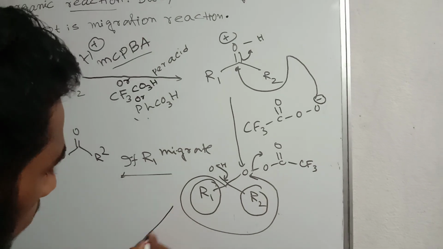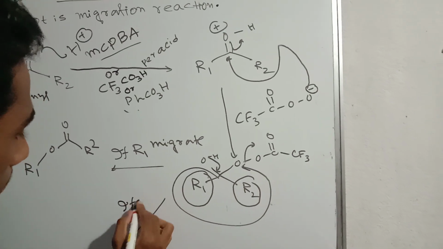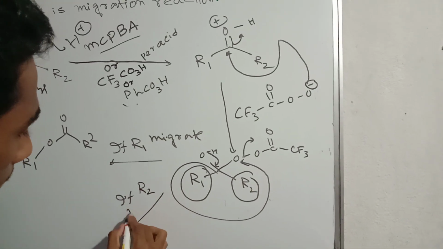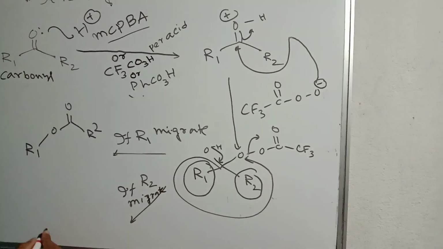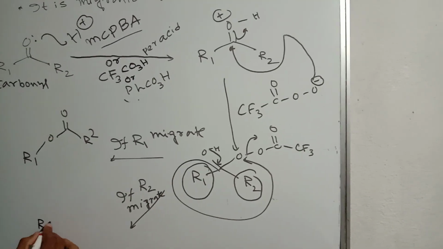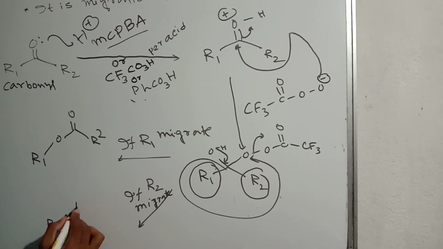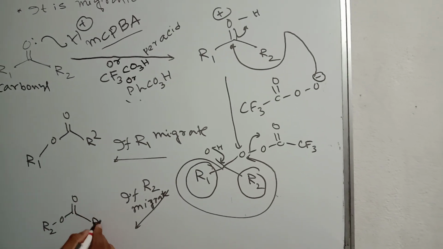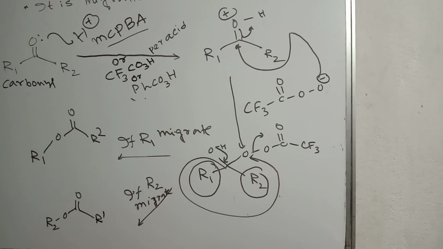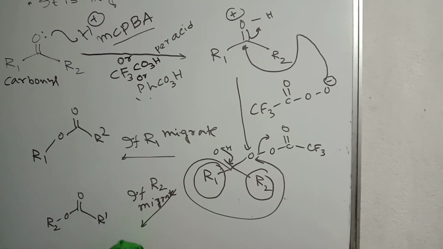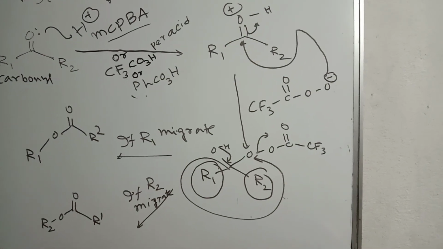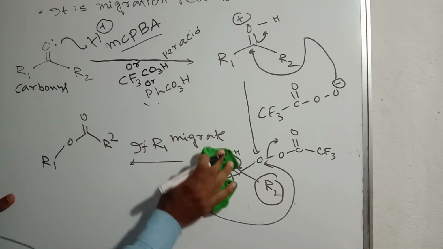If R2 migrates, what will we get? Here the migratory aptitude depends on the electron density. The more the electron density of the group, the more the migratory aptitude of the group.